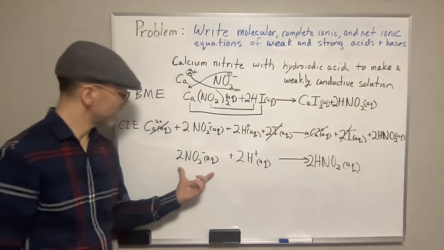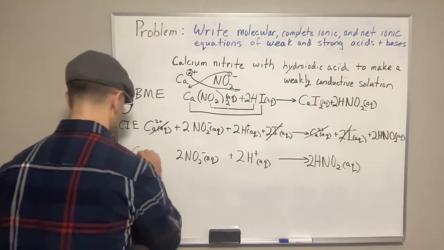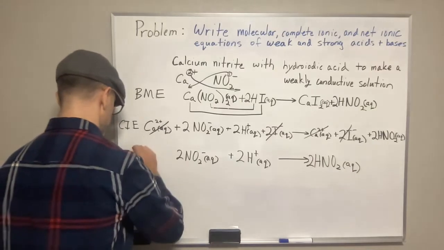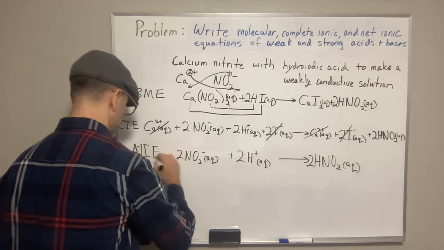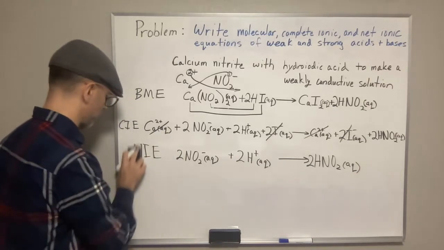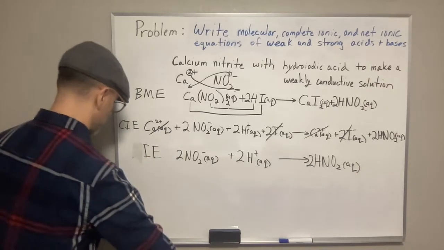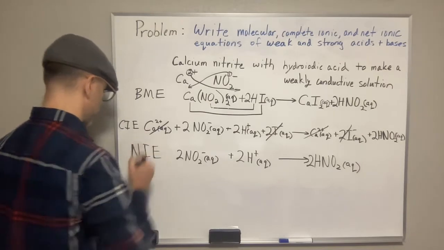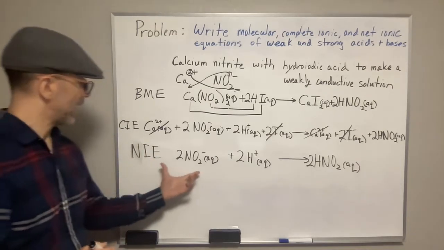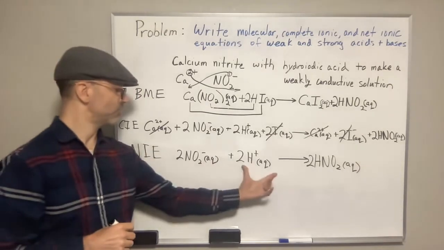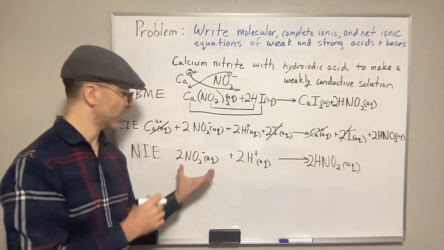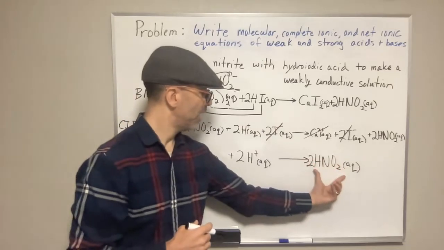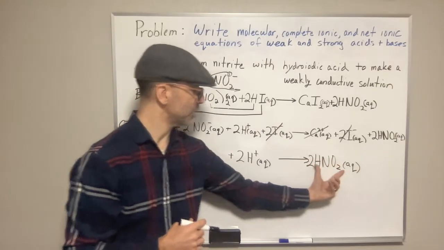And so you can see here, this is our net ionic equation. So our net ionic equation. And so what you can see here is we have two nitrite ions, two H plus ions. They're going to come together and form a non-ionic substance.